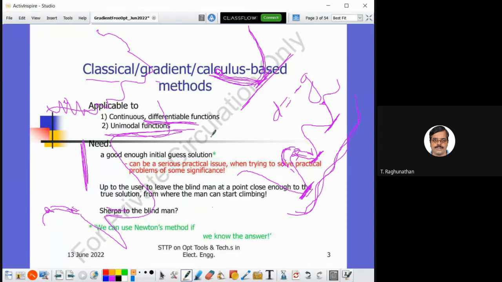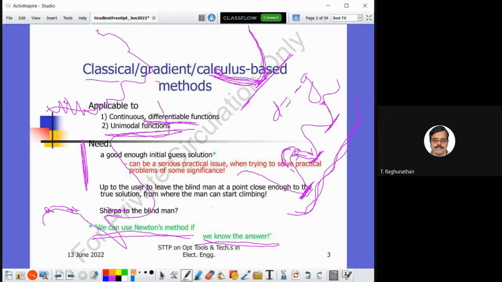So that is why this joke, okay, joke, not seriously: we can use Newton's method if we know the answer. Once we know the answer, we can choose a good enough initial guess solution and solve the problem.